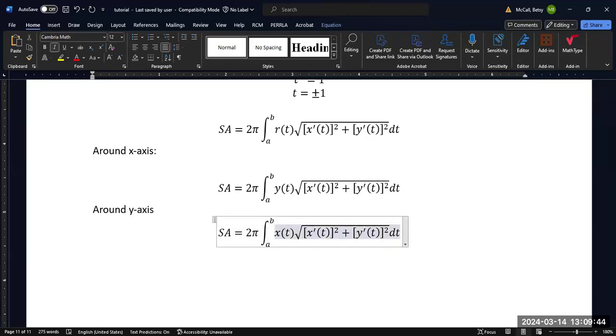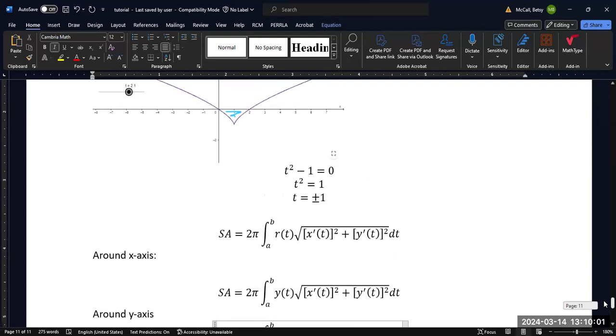So as long as we keep in mind which axis we're rotating around, then we just basically have to worry about this general function. There's a radius function, and then it just is either going to be x or y, depending on which axis we're rotating.